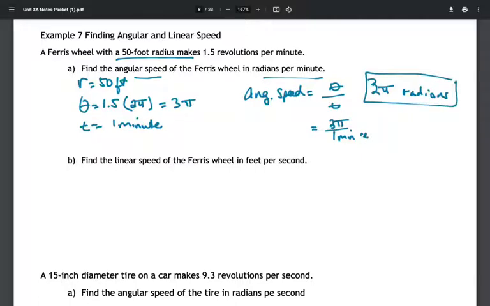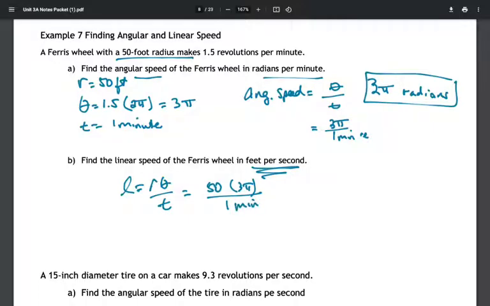Okay, next we're going to find the linear speed. And this time they want it in feet per second, so we've got to pay attention to that. So linear speed would be r times theta divided by time. My radius is 50. My theta was 3 pi, and the time it took me to do that was 1 minute.